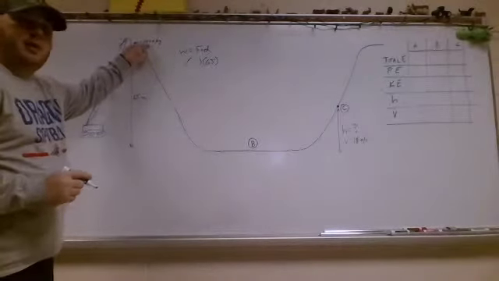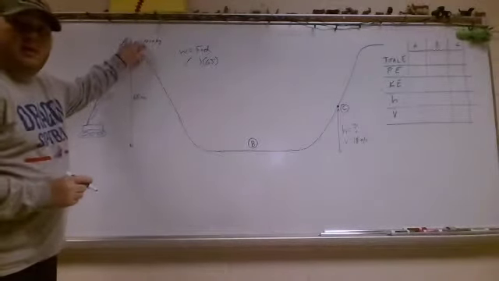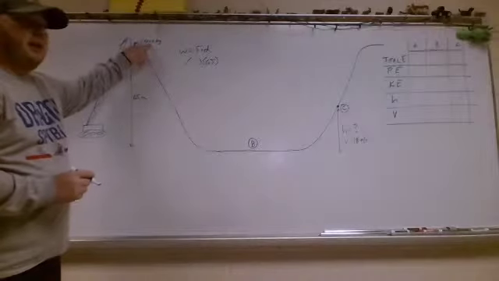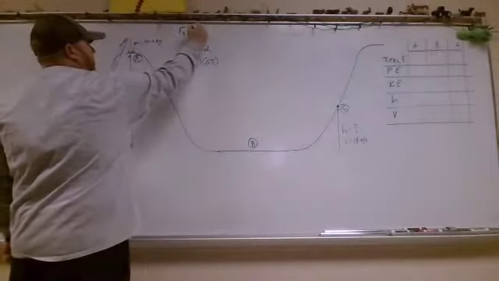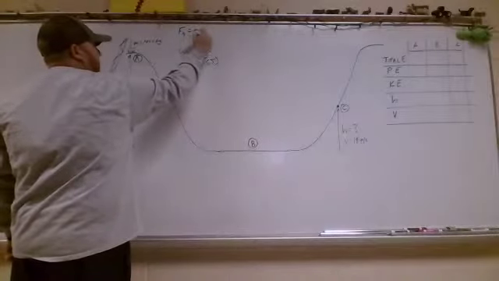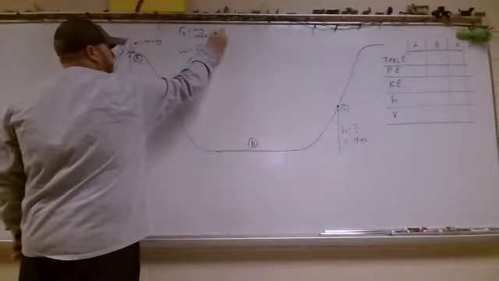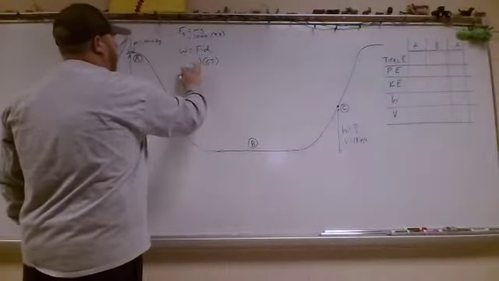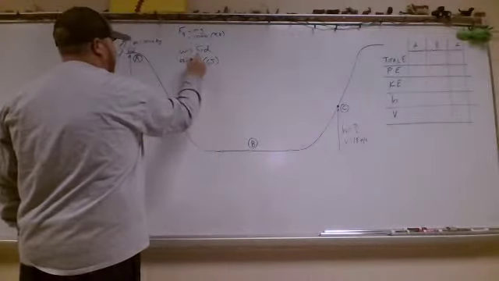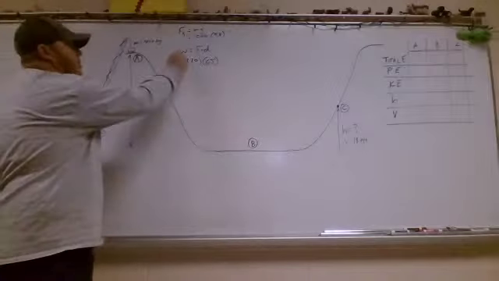Now the force is the weight of the cart, not the mass of the cart, the weight of it. So the weight of the cart, Fg, is mg, which is 1,000 times 9.8. All right, so we can say that that's 9,800 newtons.